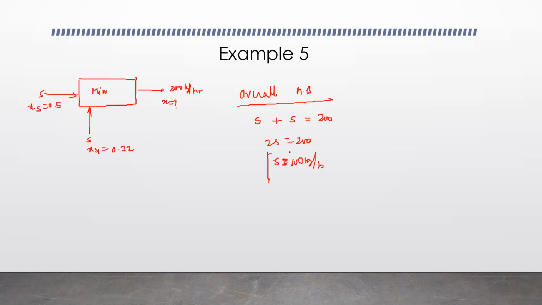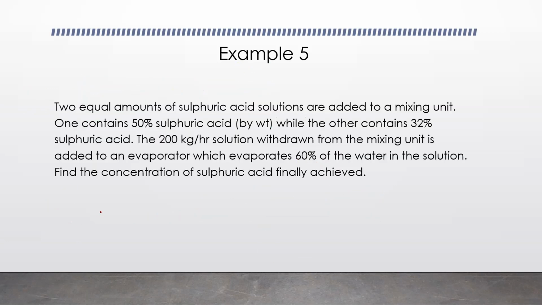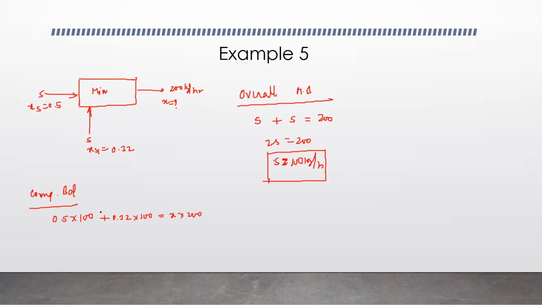Fine. You got this. Then do component balance. So when you do component balance, you will get 0.5 into 100 plus 0.32 into 100 is equal to X into 200, right? Input of sulfuric acid plus input of sulfuric acid from another stream, is equal to X into 200.